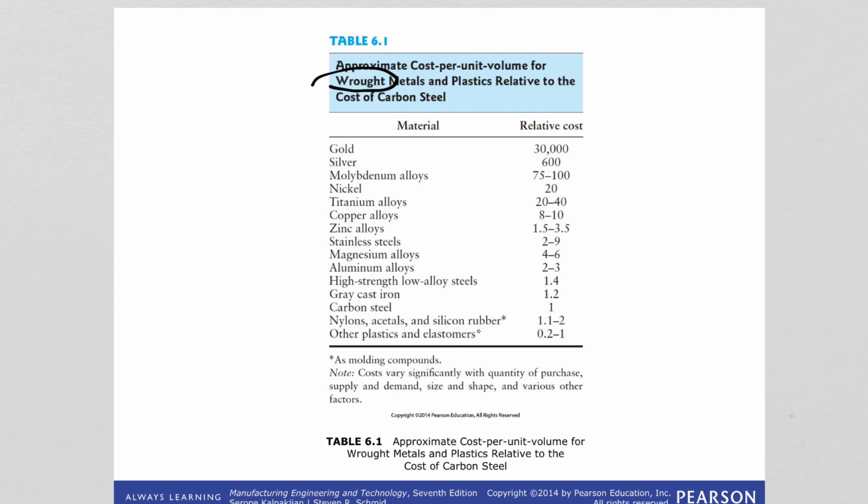That's why silver, a better conductor than copper, is not used, but instead copper is being used, because it's cheaper. And there are other alloys, aluminum alloys, and you can see the comparison when we compare to carbon steel and cast iron. The non-ferrous alloys are more expensive than carbon steel, cast iron, and plastics also.